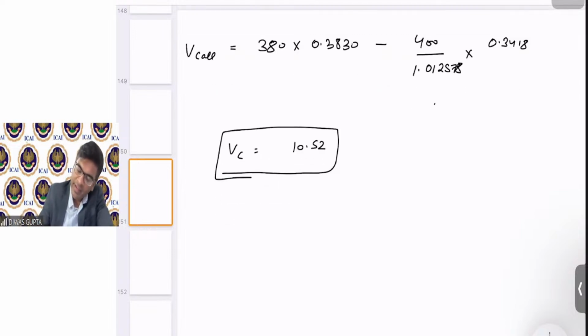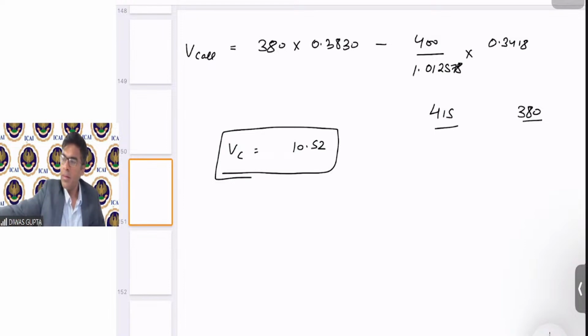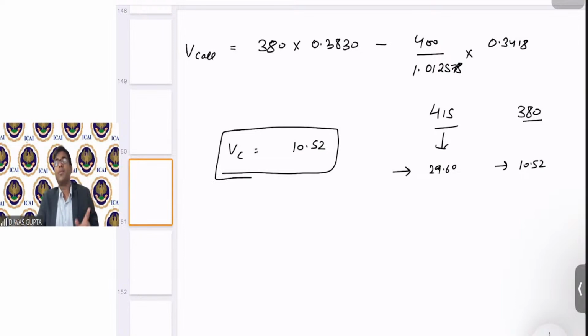So when the spot price was 415 and now the spot price is 380, the value of the call was 29.60. Now it is 10.52. Can you see? For a call option, once the spot price decreases, the value is also decreasing.